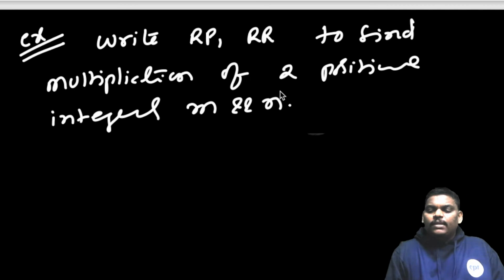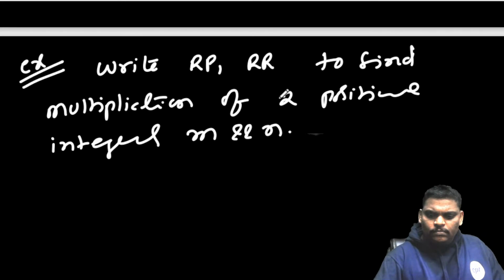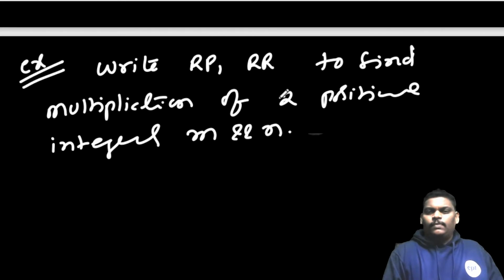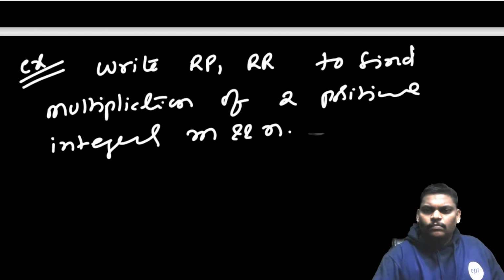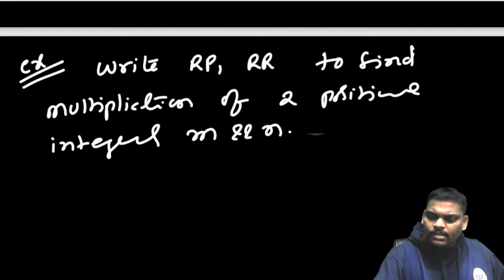Write a recursive program, recurrence relation, to find the multiplication of 2 positive integers m and n. I will explain. Everyone can listen.